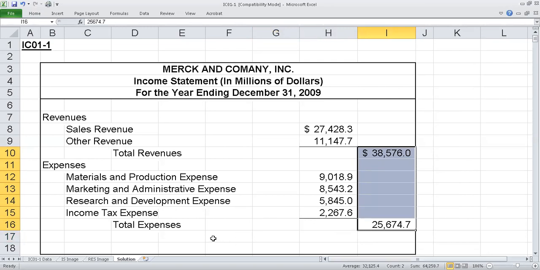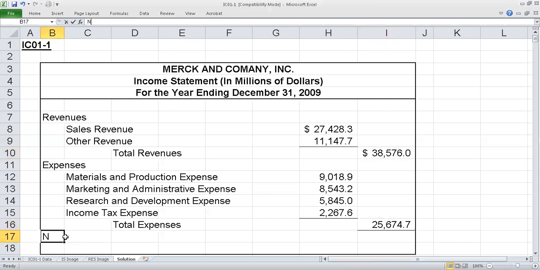Revenues minus expenses is going to give us either net income or net loss. In this case, the revenue is bigger than the expense, so we say net income.